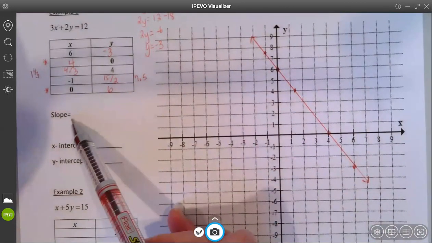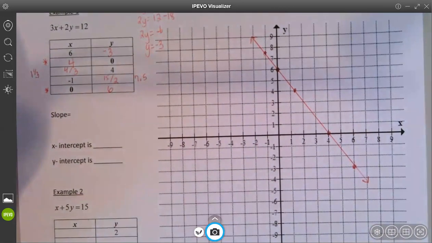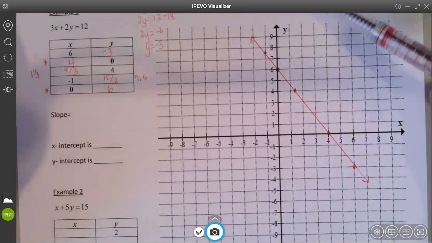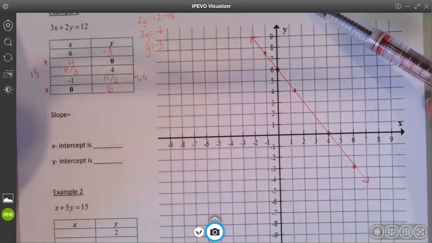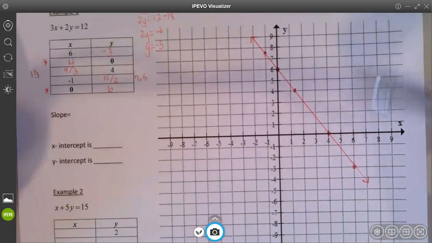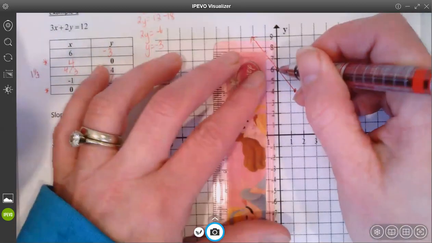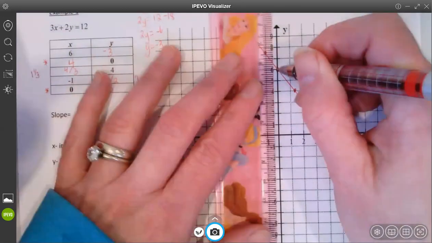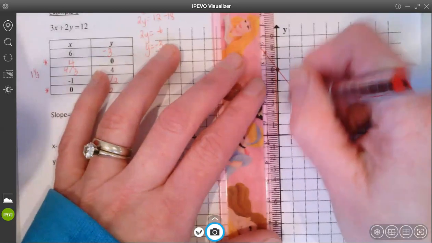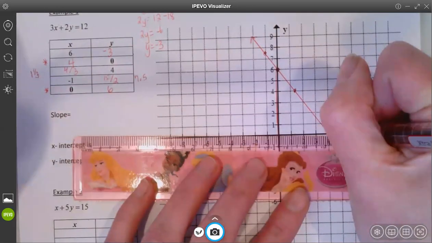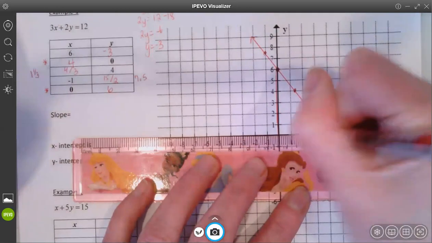We want to be able to calculate the slope of this line. So we can use any 2 points from our graph, or we can use the formula y2 minus y1 over x2 minus x1. I'm going to use the 2 points. So I want to find 2 points that I can identify very clearly. So if I highlight here in red, we can draw in a right triangle.